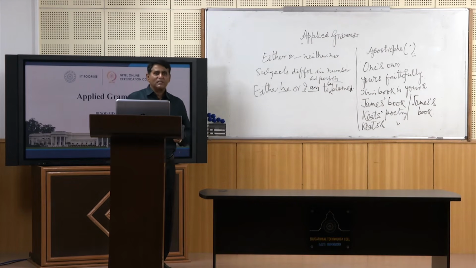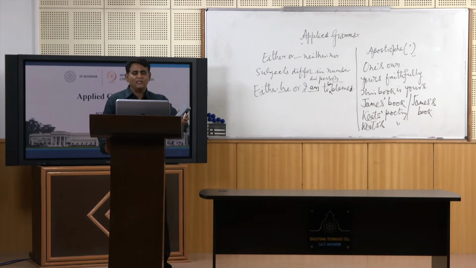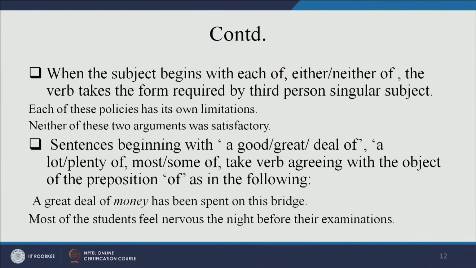When the subject begins with each of, either of, neither of, the verb will take the form required by third person singular. For example, each of these policies. Here policies is plural, but since the subject begins with each of, the verb will be singular.